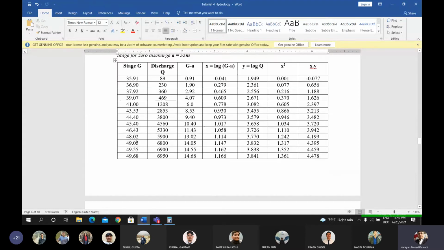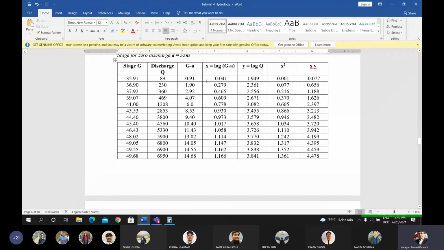Similarly, for the 48.02 stage, the discharge is 5900 meter cube per second, and y is log 5900, which gives 3.770. In this way, you calculate all the values of x and y, g minus a, etc.